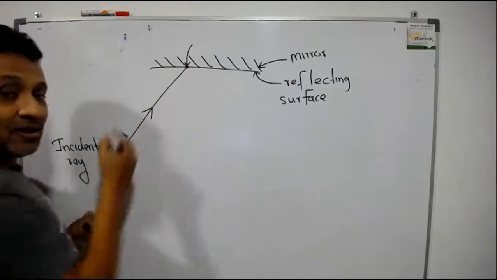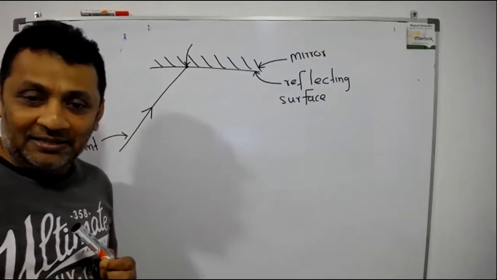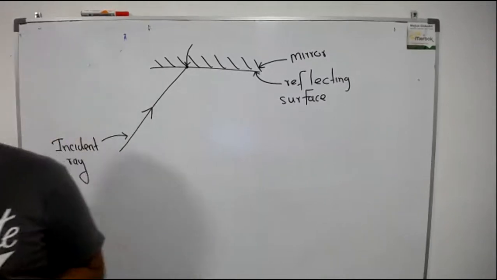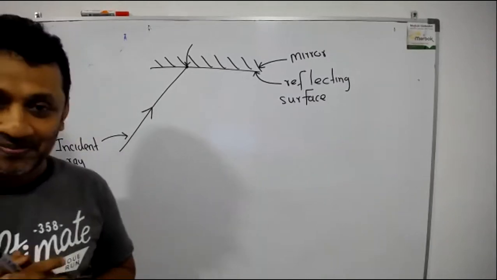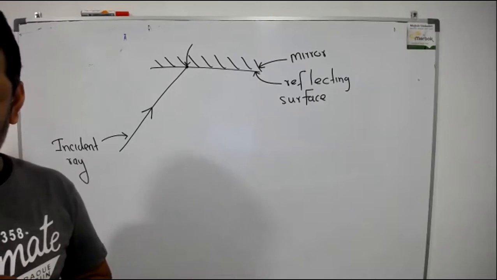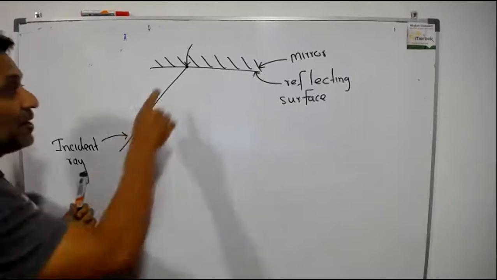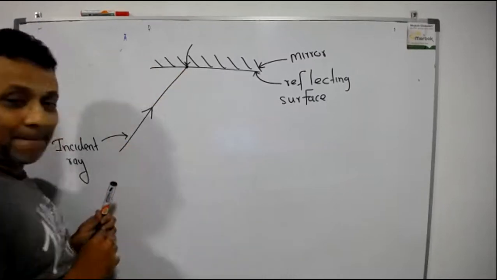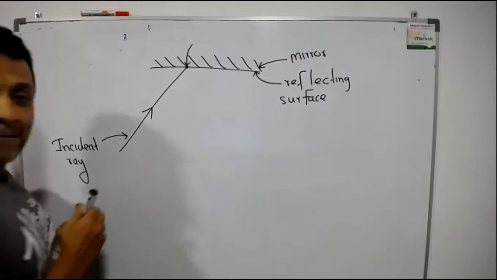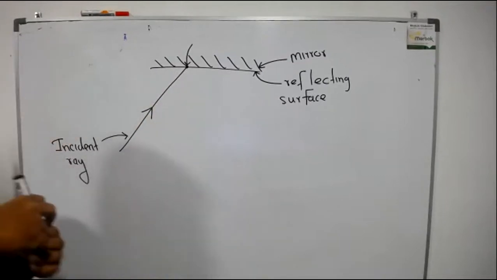The place where it is falling on the reflecting surface, how do you call it? What is the name given to this point then? How do you call it? Tell me.